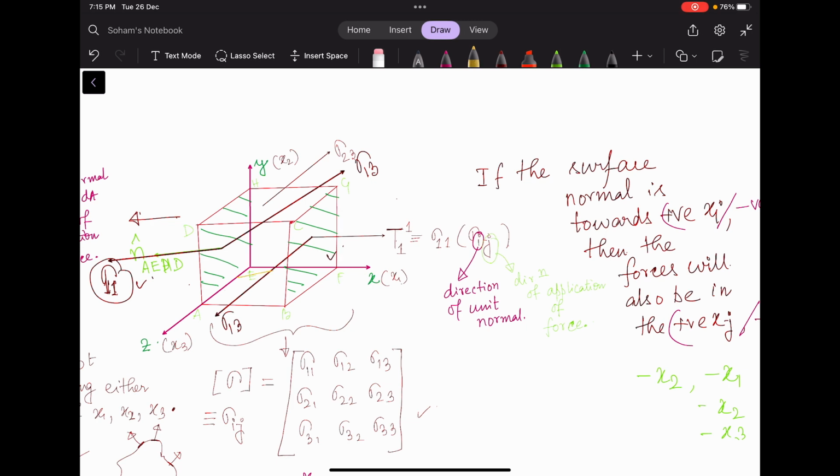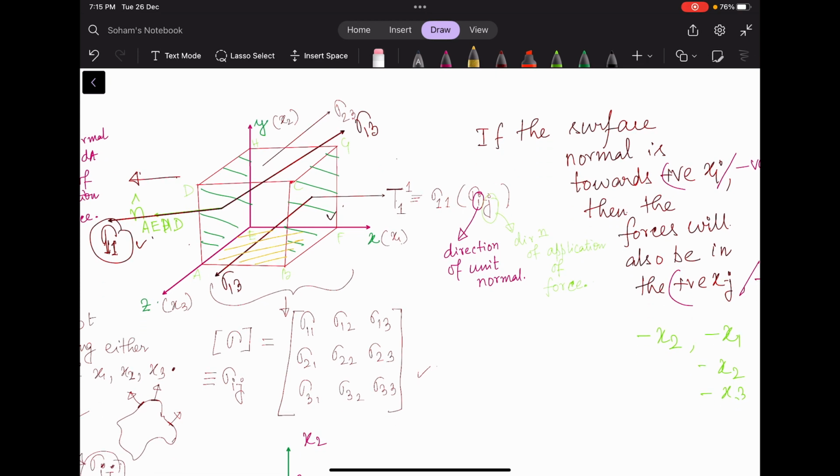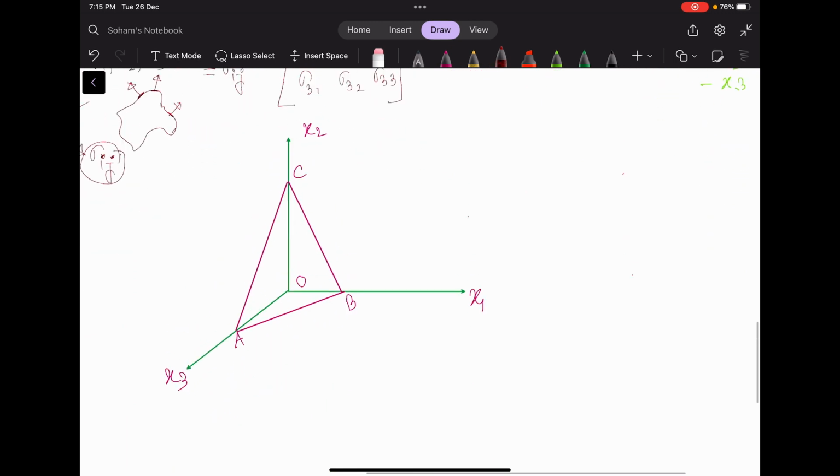So if its normal is towards minus x2, I have to represent the force that is acting parallel to the x1 axis. Normal is in the minus x2, so the positive force will be in the direction of minus x1, that is in this direction. So this will be the positive sigma 2 1.